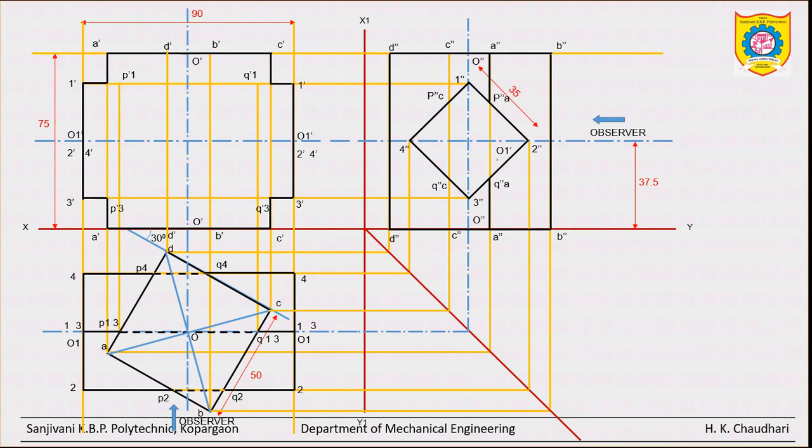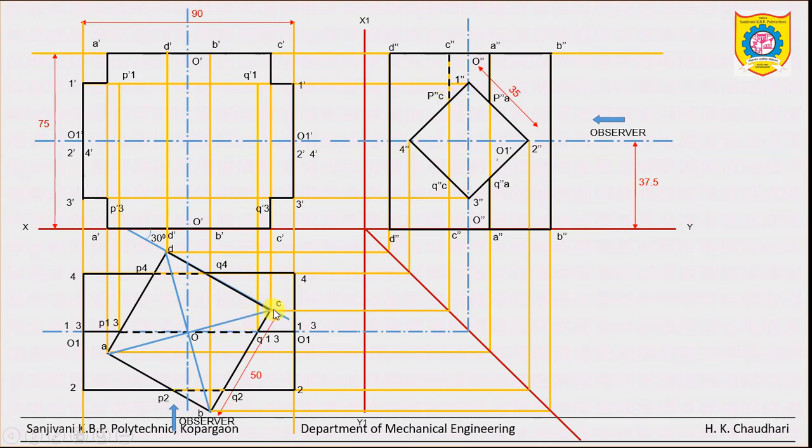Okay, and for edge C, up to here P double dash C, there is also the edge for this C, but we have made it hidden.